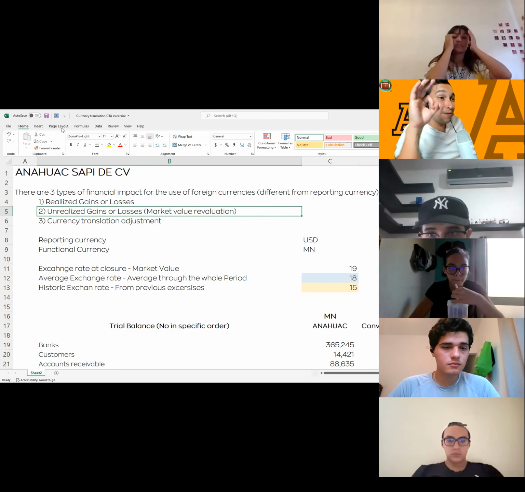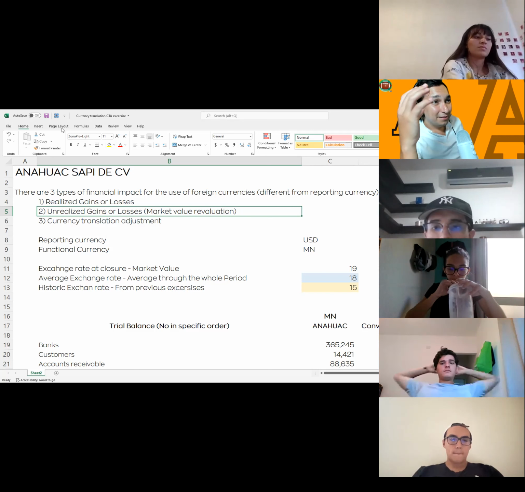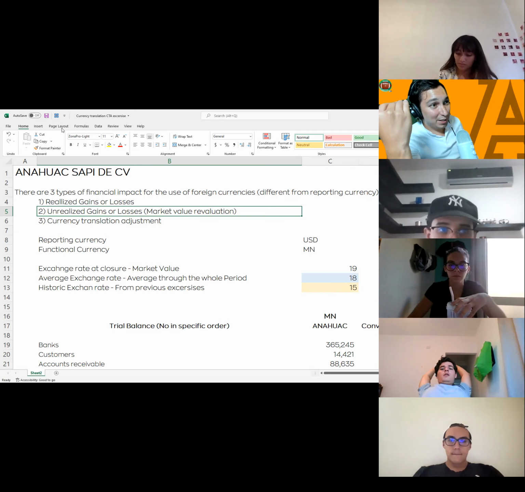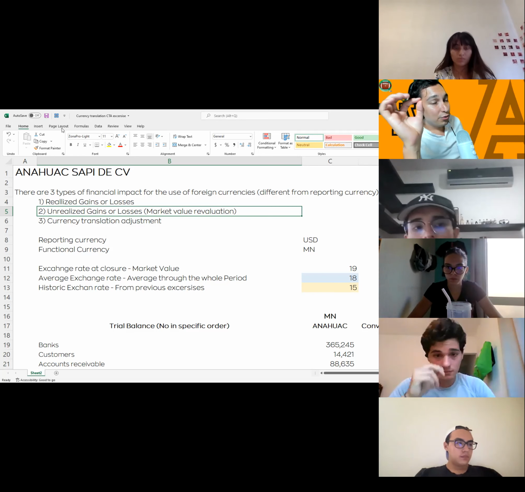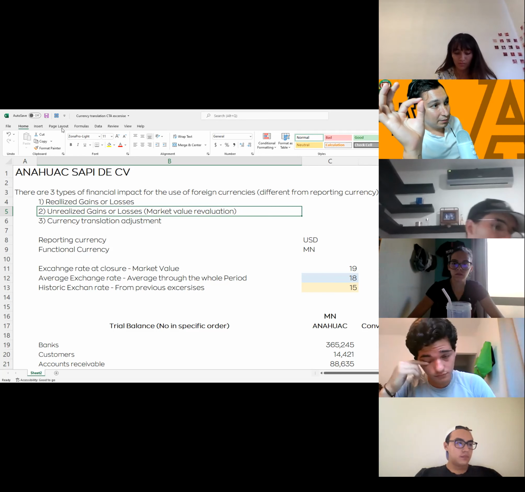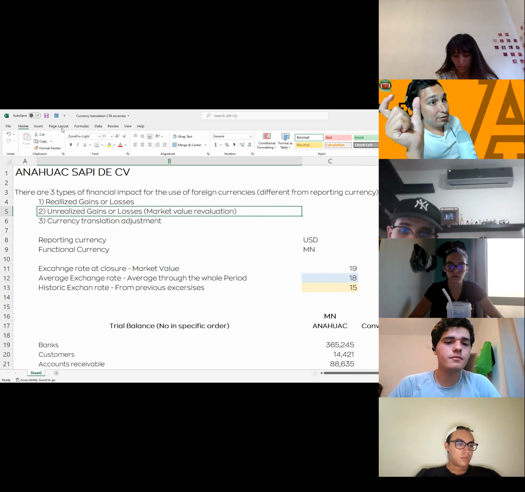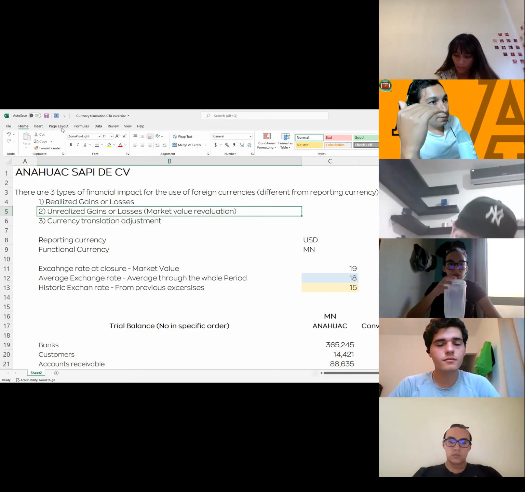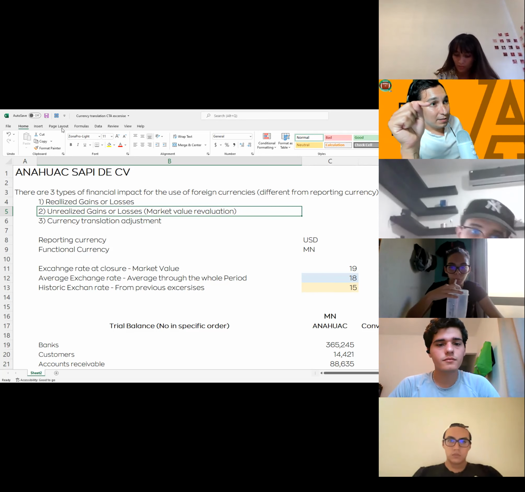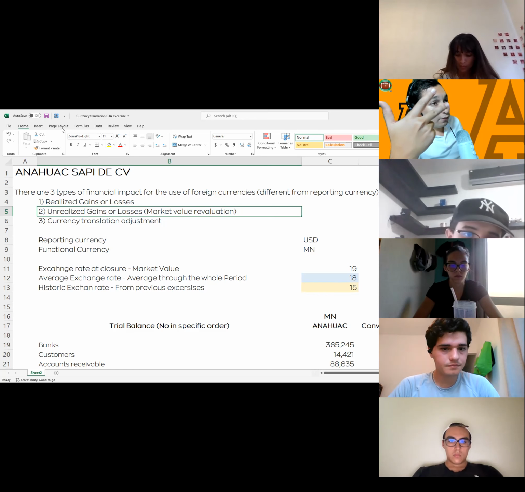Perfect. There is a third component, and this is the one that gets very tricky with students. The third component is called CTA, Currency Translation Adjustment. Guys, remember, unrealized gains come from the revaluation of your accounts receivable, accounts payable, and the money that you have in the bank in foreign currencies.